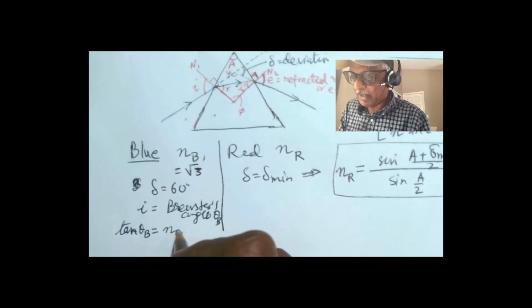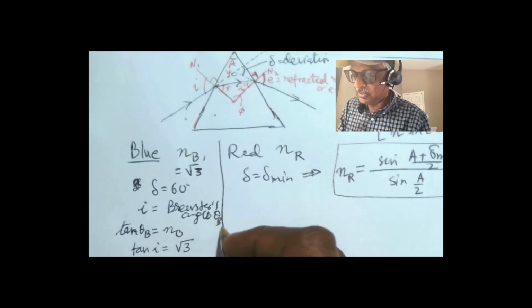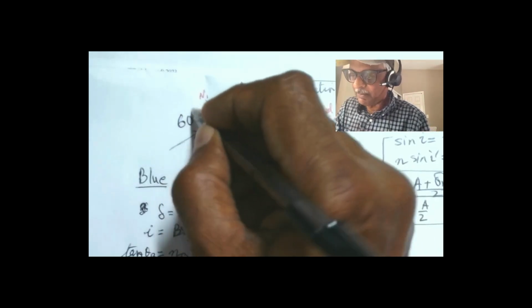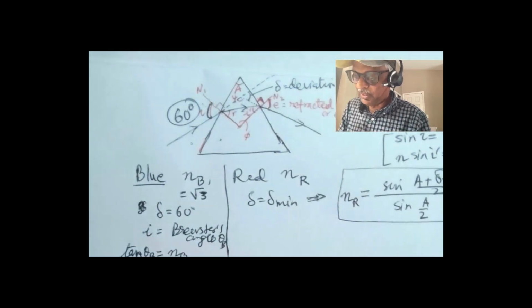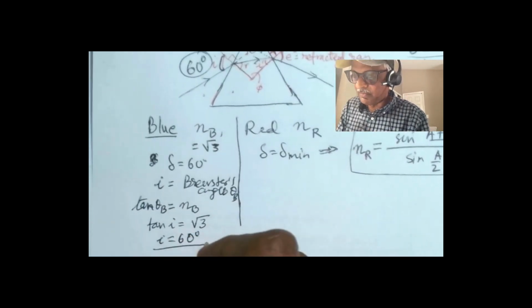So tangent I will be square root of 3, so it came in at 60 degrees. So I equals 60 degrees.